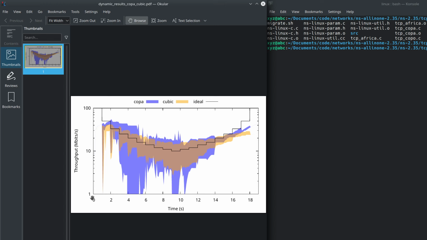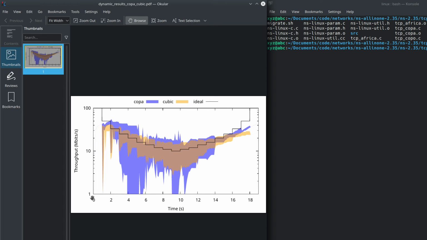So remember that the bandwidth of the links was 100 megabits per second. That means that if there's only one flow in the network, then the average throughput that we should observe should be 100 megabits per second. If there are two flows active in the network, then the average throughput should be 100 over 2.